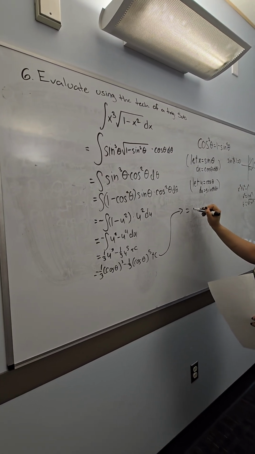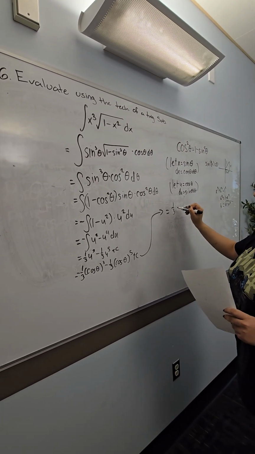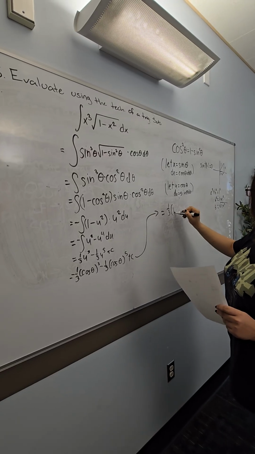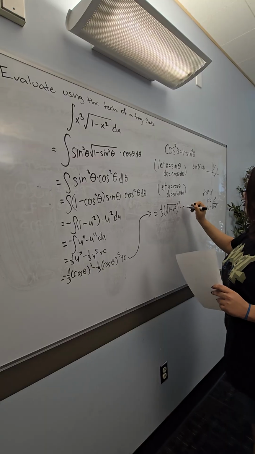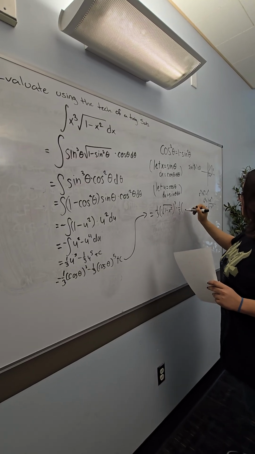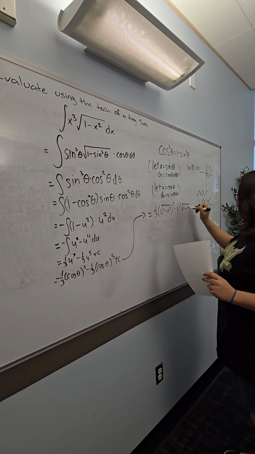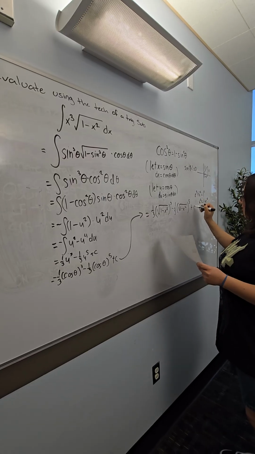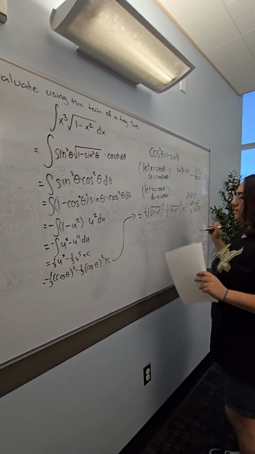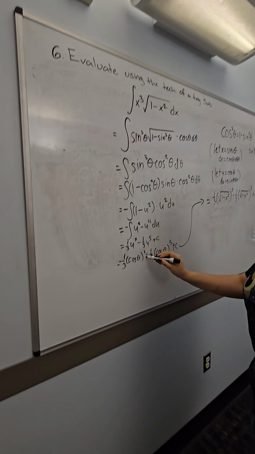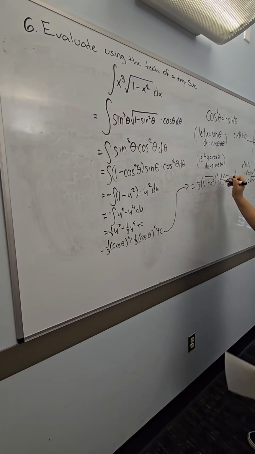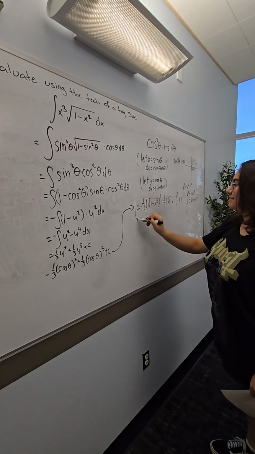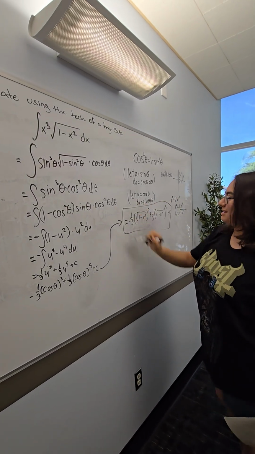So then your final answer will be 1 over 3 times the square root of 1 minus x squared to the 3rd, minus 1 over 5 times the square root of 1 minus x squared to the 5th, plus c. Make sure you distribute the negative. And that's your answer.